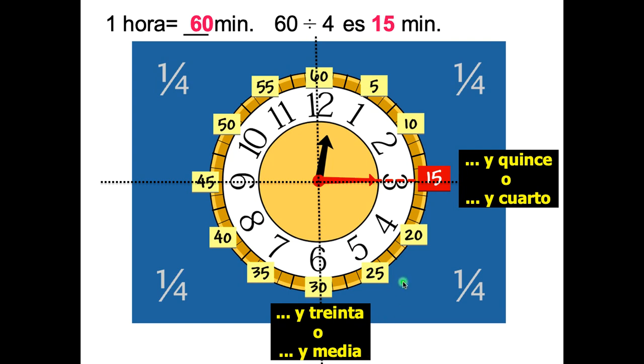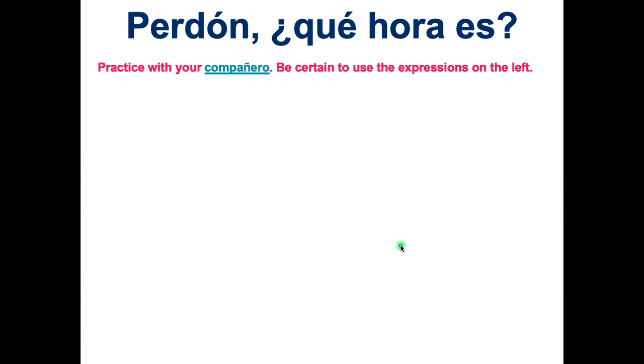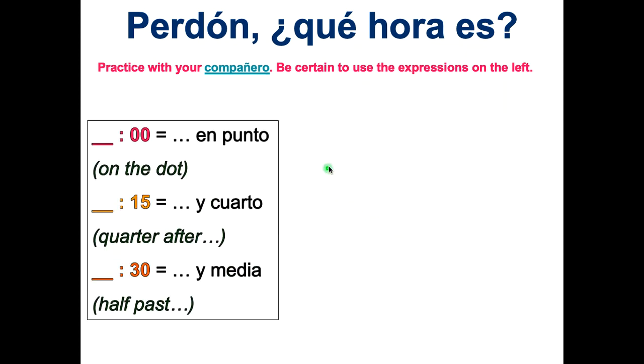Okay, so do that. Okay, and then underneath where we talked about the quarter on your notes, you'll notice that it says hour and then the 00. In English, we might say like it's 5 o'clock on the dot.